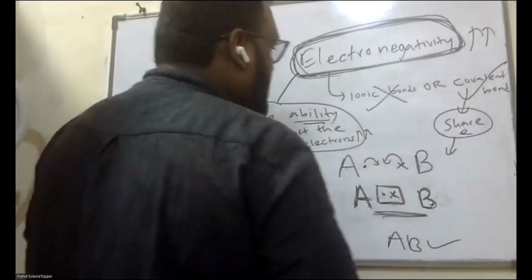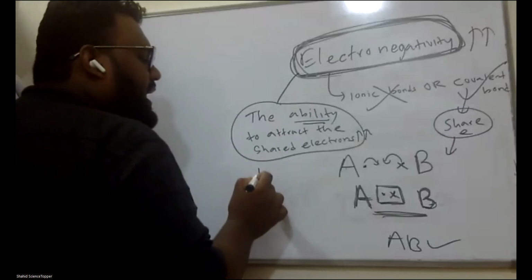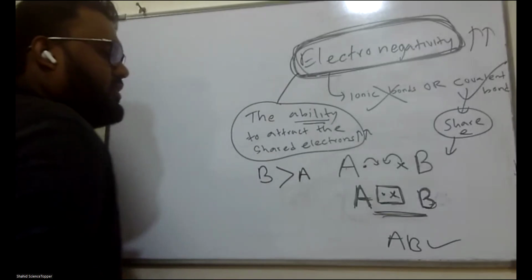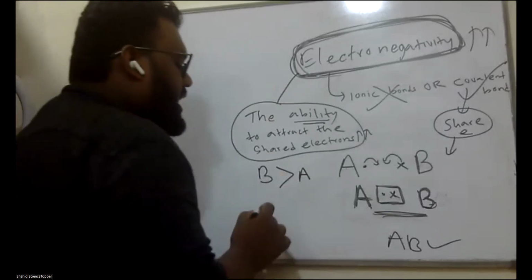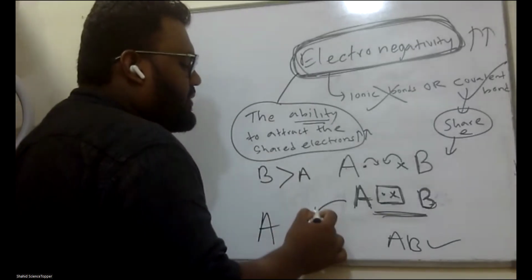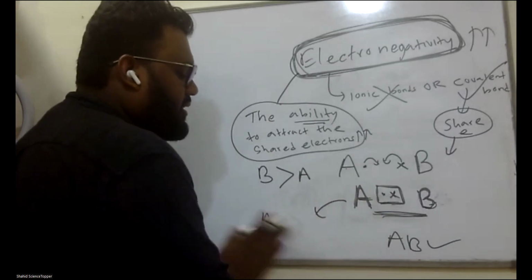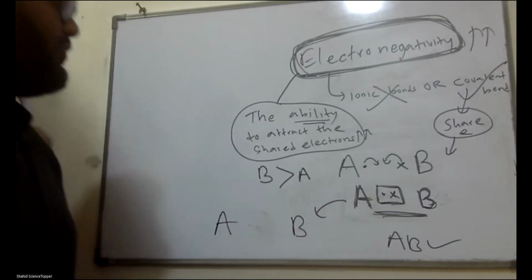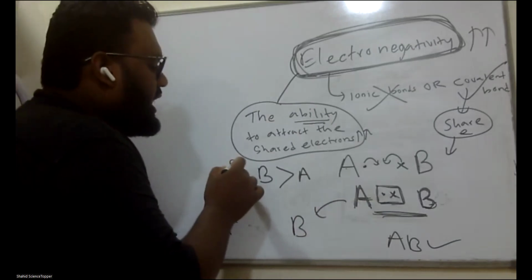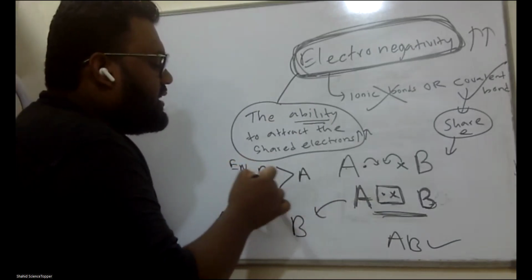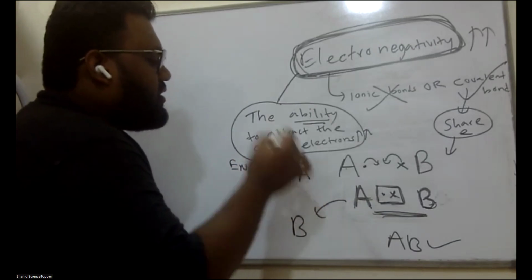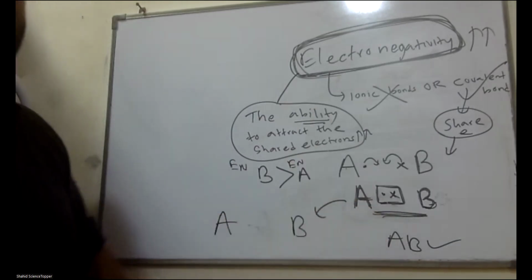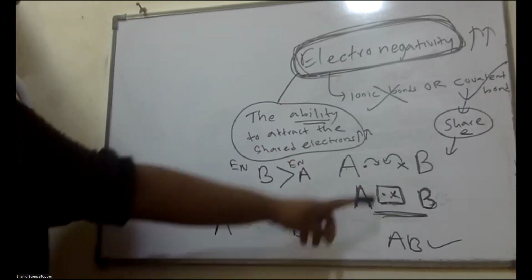Now tell me, if I tell you B is having more electronegativity than A, when I draw the same diagram here, where do I need to point out the shared pair of electrons?